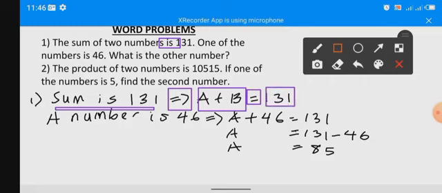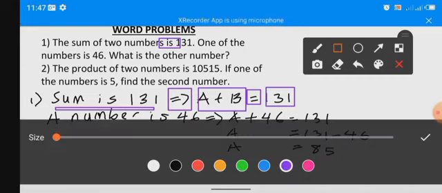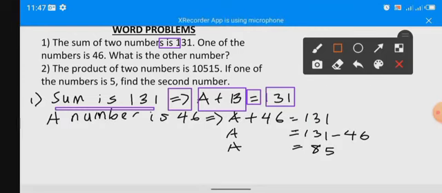Now that first statement has been translated into a mathematical equation. This is the mathematical equation here: a plus b equals 131. Now let's proceed.